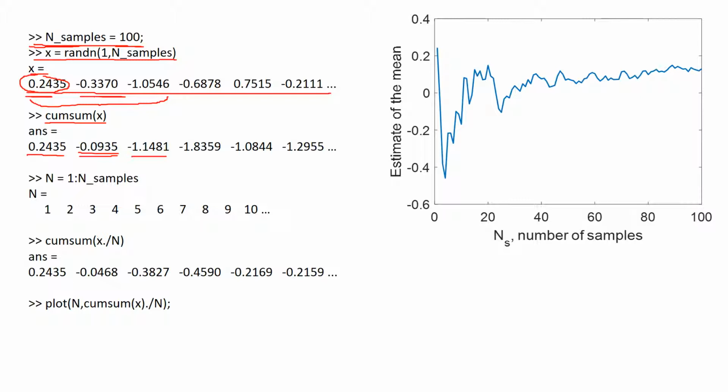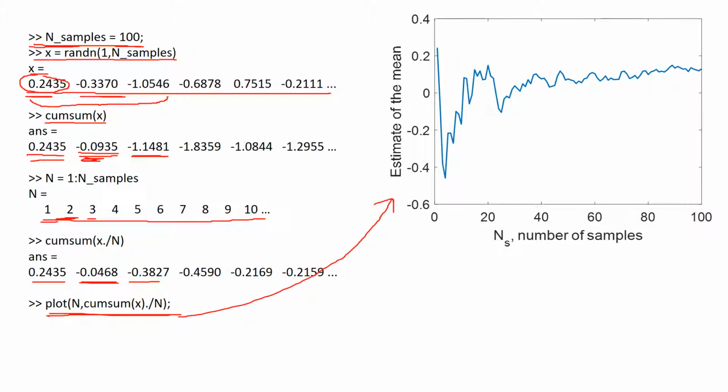Next, we make a list of the numbers 1, 2, 3, 4, etc. We do that so that we can take the first entry of this list divided by the first entry of this list, and we just get the value x. If we take the second entry here divided by the second entry here, we get the average of the first two values of x. And we can keep going like that. So what we're plotting here is that cumulative sum divided by the number of terms in that sum.